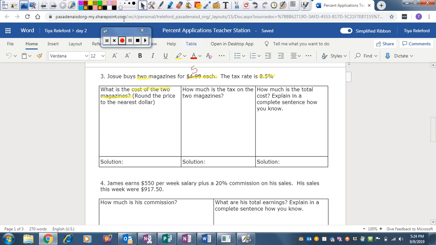Okay, the next question says, how much is the tax on the 2 magazines? So here's where you're setting up your proportion. 100 goes on the bottom and 8.5 goes on top. On the other side is your total.